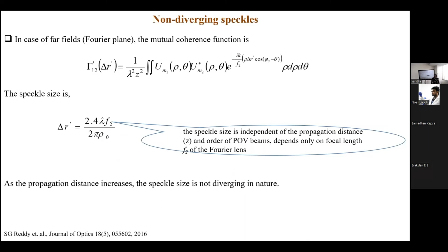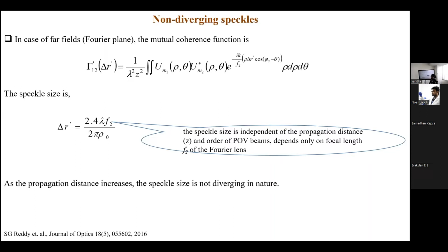Now, non-diverging speckles. In the case of far field, the mutual coherence function is this one, gamma dash of delta r. After some mathematical calculations, the speckle size is 2.4 lambda f2 by 2 pi rho naught.